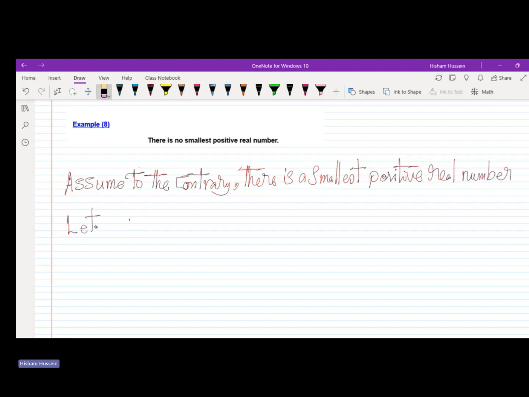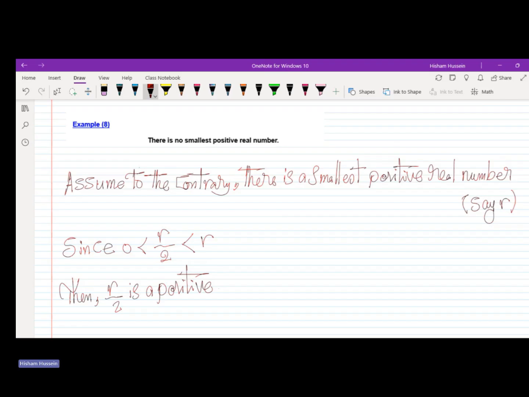This is step 1. Write down this number as, say, R. Since we have R divided by 2, this R/2 is for sure less than R, and at the same time it's greater than 0, so it's positive. It follows that R/2 is a positive real number smaller than the smallest positive real number that we claimed at the beginning, smaller than R. This is a contradiction.